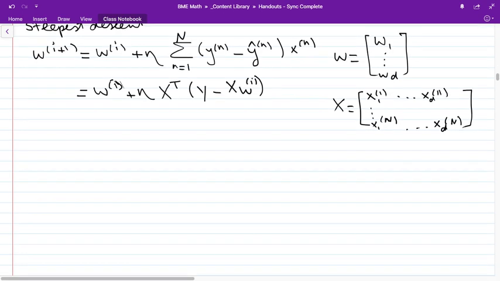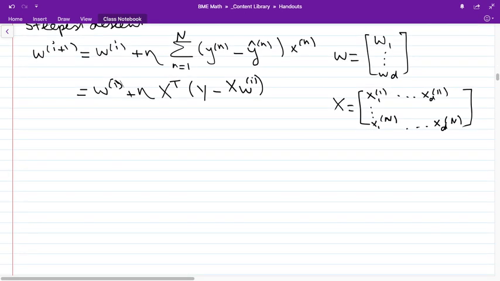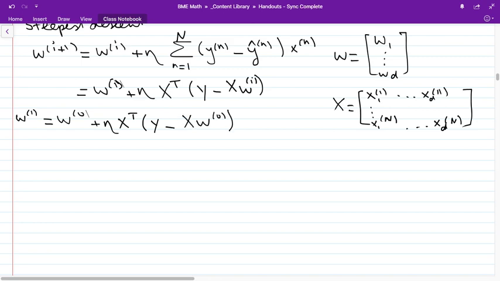All right, so I want to see where does this algorithm converge to? This is my interest here. So let's begin with the first iteration. So W1, I'm going to start with some random weights, W0, and then what I'm going to do is add to it the difference between what I observed and what I predicted. So this is what this algorithm says you should do.